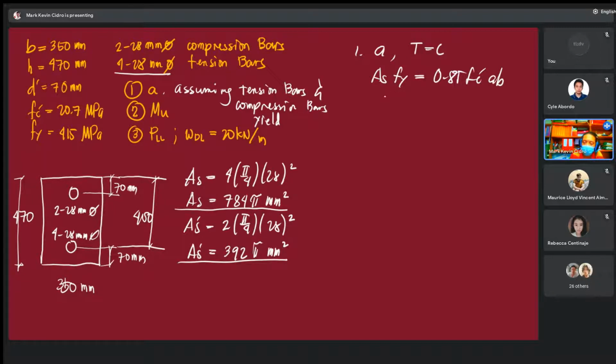Step number 1, we assume singly reinforced. Even though there is reinforcement at the top, it doesn't necessarily mean that the design of the section is doubly reinforced.